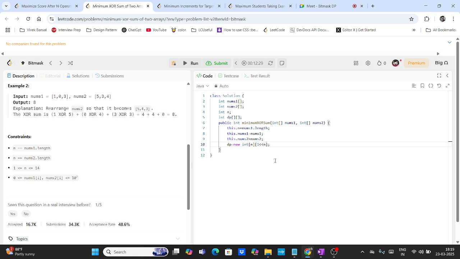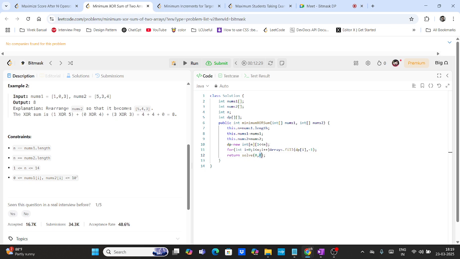So did you guys understand why I used one left shift n? Okay. As usual, fill with minus 1. And finally, return solve 0 comma 0. Now I am passing 0.